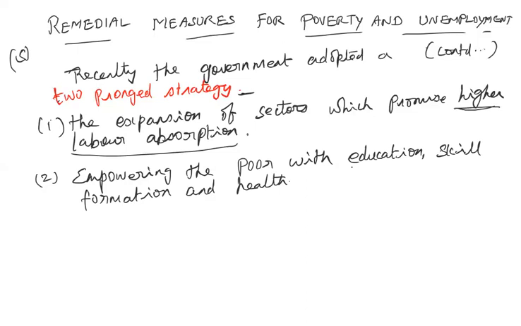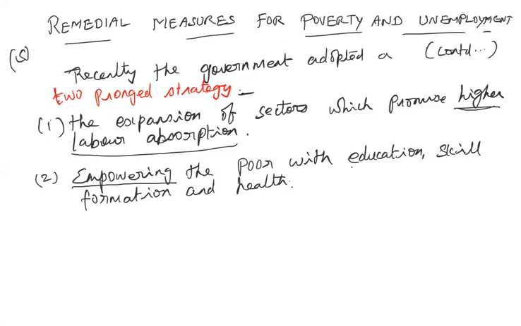So those kinds of education provide skill and education to the people, and those students can be immediately employed after the completion of that education. So those kinds of education should be given importance. And apart from that, the basic health and education facilities and skill formation should be concentrated on by the government. Then the poorer sections of the people will be empowered. They will get that knowledge and they will get the skill so that they will be empowered and they will start getting more and more job opportunities and their income will keep on increasing.